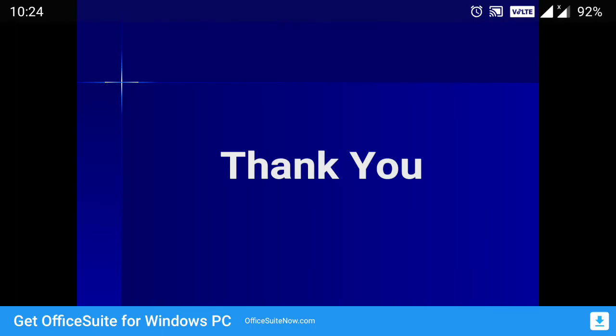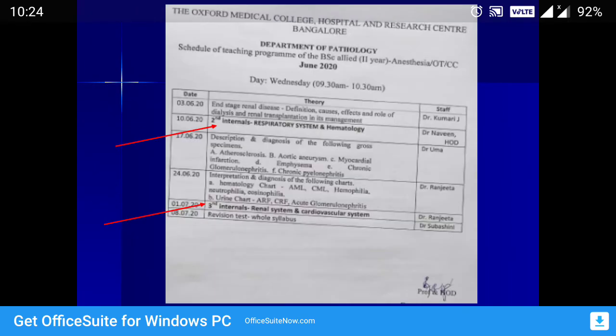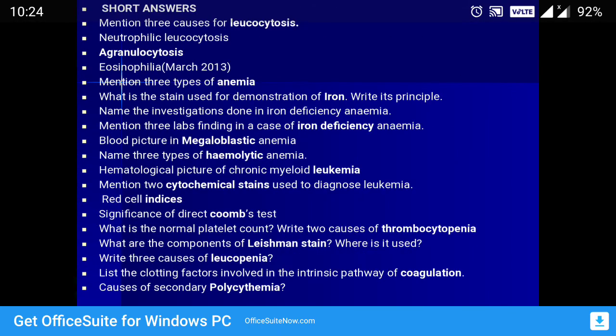Read properly, and I'll be updating the question paper on that particular day, that is, second internals on 10th of June. Read well. Thank you.